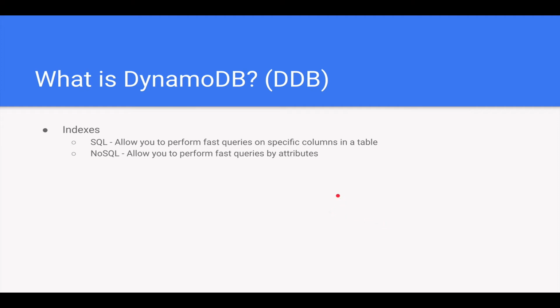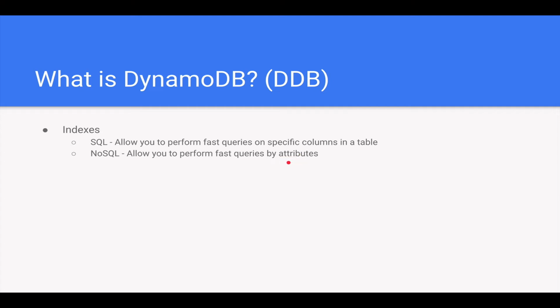DynamoDB indexes, in case you need a refresher, indexes are magical ways to speed up databases, but in a kind of slightly more technical way. SQL indexes allow you to perform fast queries on specific columns in a table, and NoSQL indexes can allow you to perform fast queries based on attributes of a document.